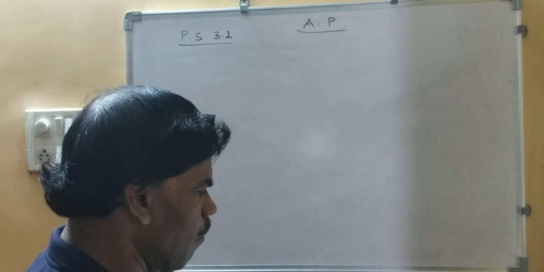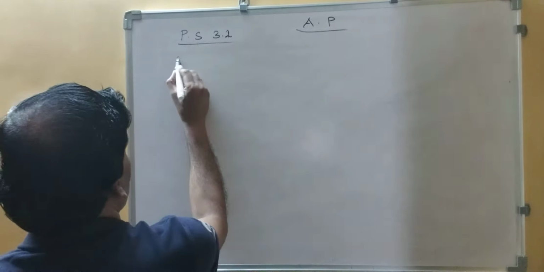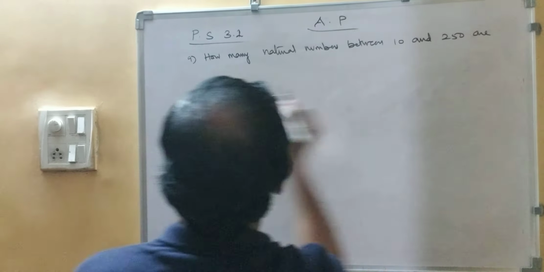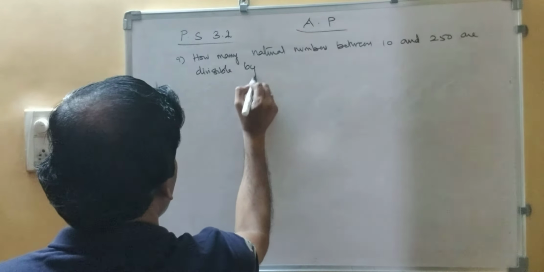How many natural numbers between 10 and 250 are divisible by 4?